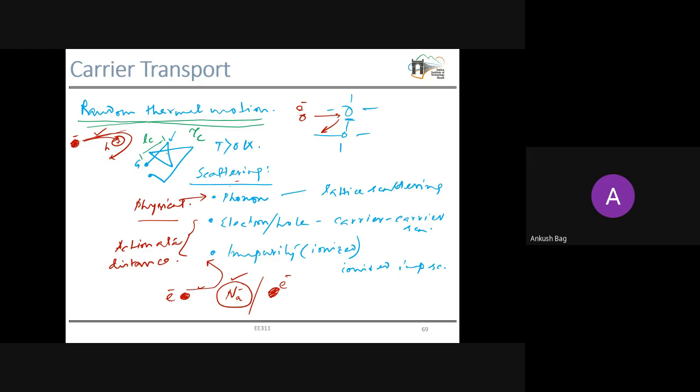If we write this thermal velocity, it is equivalent to L_C divided by tau_c, the mean free path divided by the mean free time. This thermal velocity is very high, so it is also sometimes called intense motion.